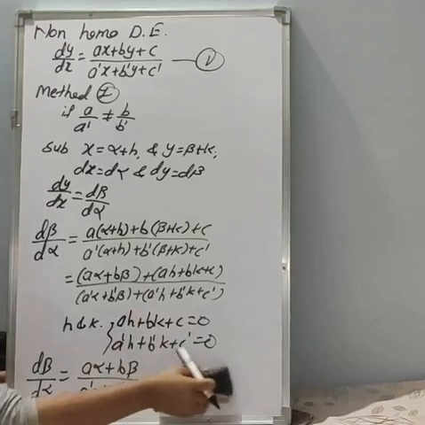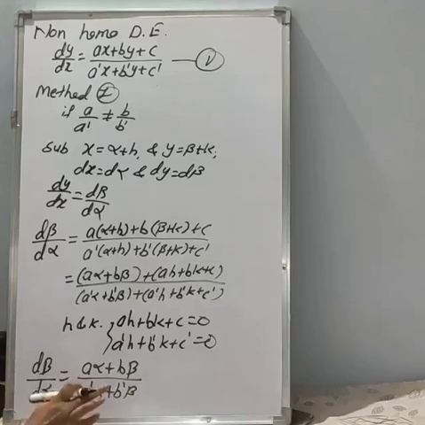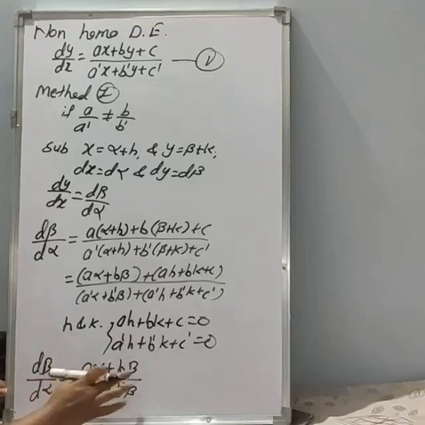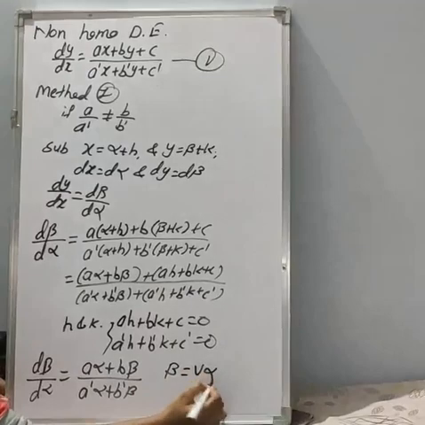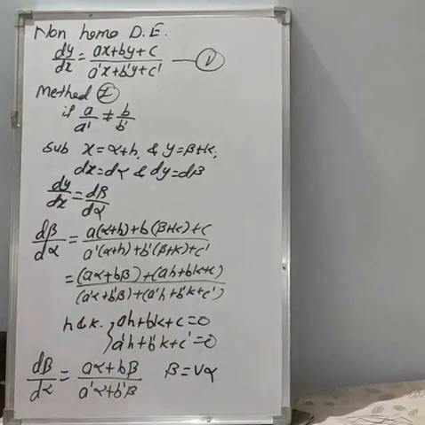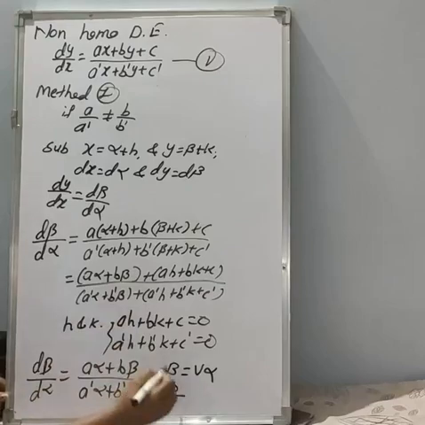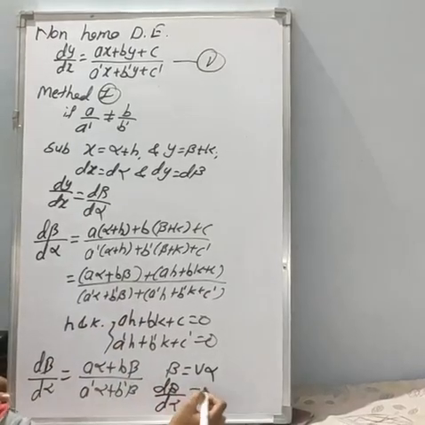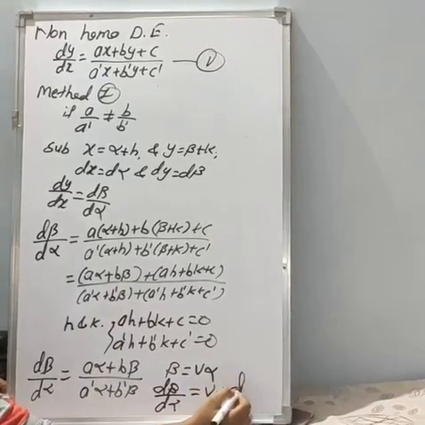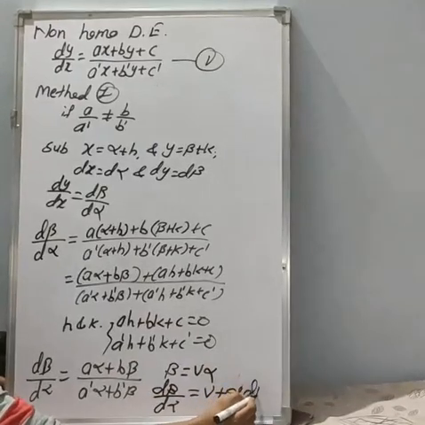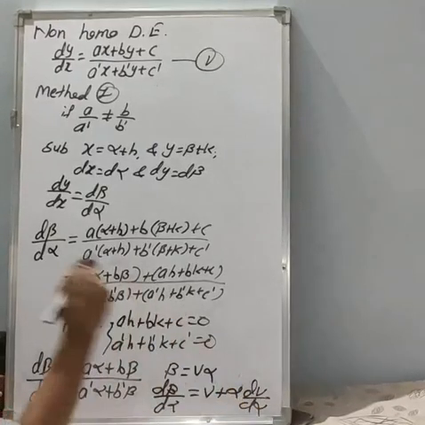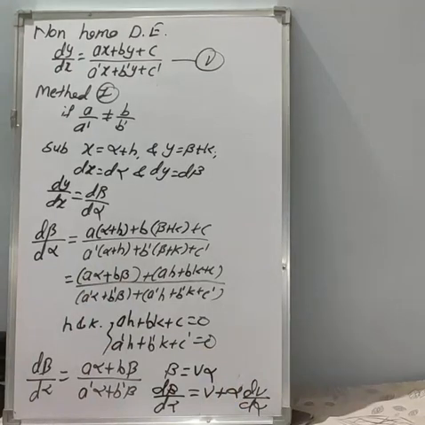Here the equation is in terms of alpha and beta, so x is alpha and y is beta. Substitute beta is equal to v alpha, and differentiating with respect to alpha, d beta by d alpha is equal to v plus alpha into dv by d alpha.